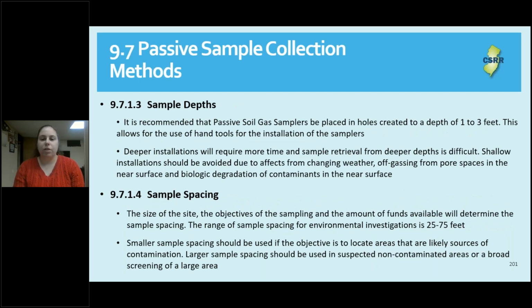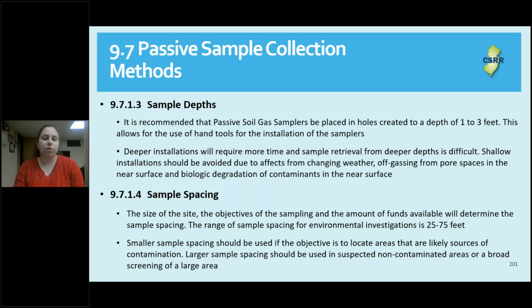So again, for sample depths, we found that 1 to 3 feet is a recommended depth. Ideally, you tend to shoot for 18 to 24 inches, as anything deeper could become difficult and you'd risk hitting utilities. More shallow installations may risk the sampler being affected by weather or another outside source such as animals. We've lost a couple samplers to some deer and dogs in the past.